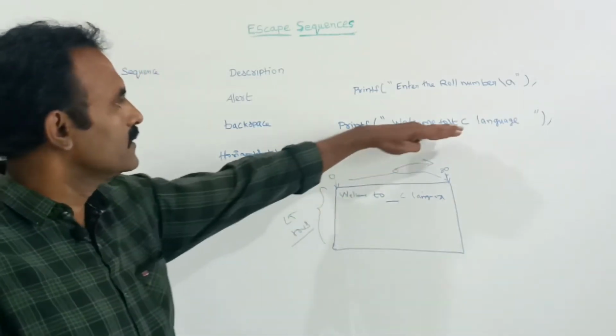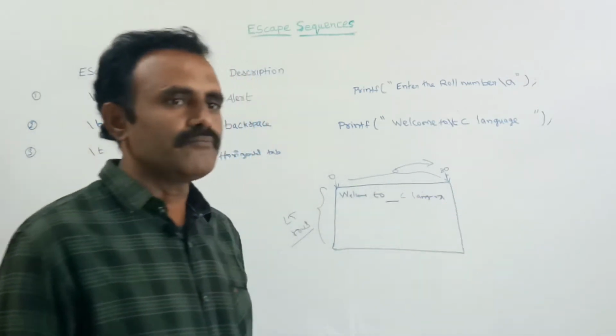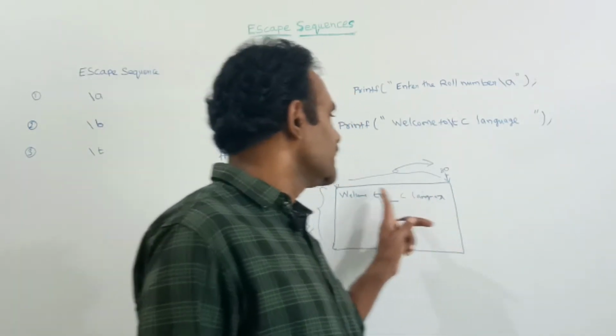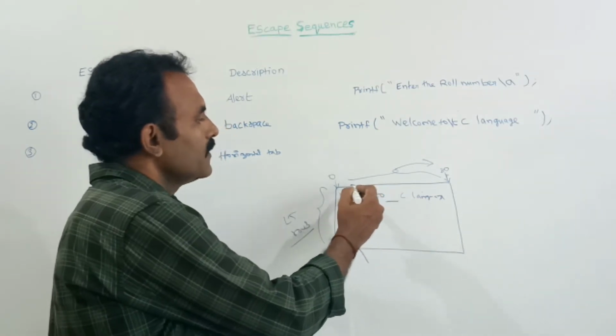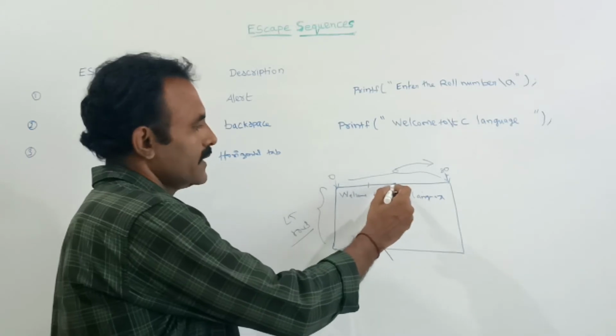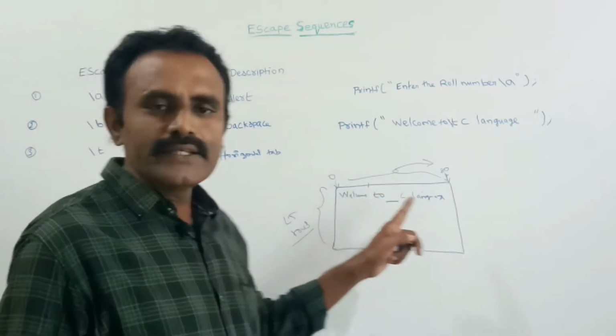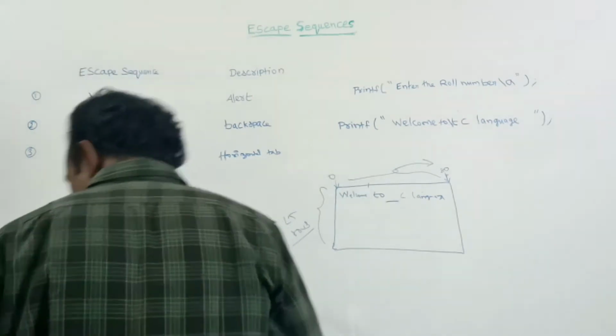Here this tab slash t splits the 80 columns into 10 parts of 8, that is 10 into 8, 80.